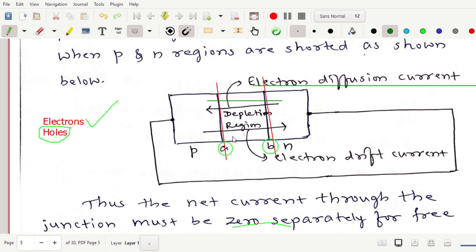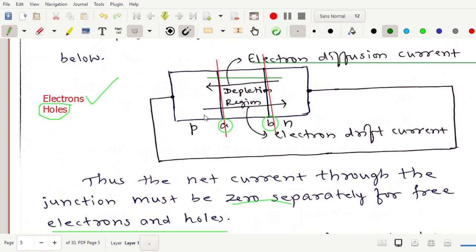And the electrons which are moving from the p region to the n region constitute the electron drift current. Okay, so these are the two components: one is the electron diffusion current and the other one is the electron drift current.